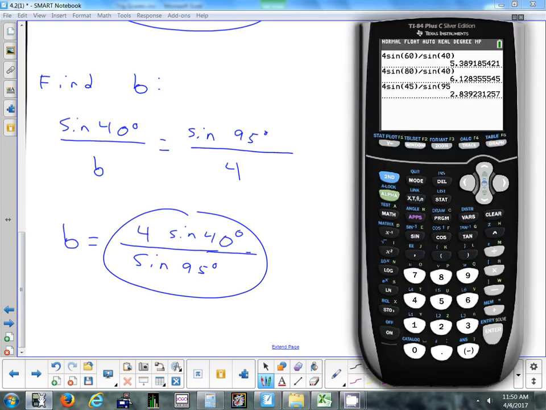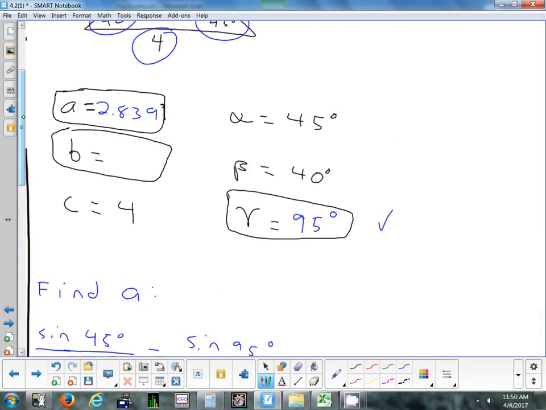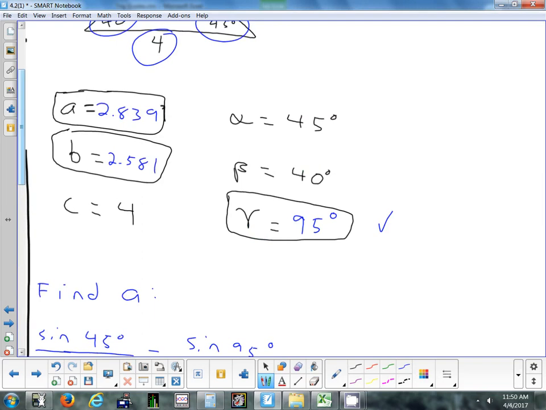Okay, so just type that in, and then that's our answer for B. So I get 2.581, which is a little bit smaller than the number I just found for A, and that's what I expected. Looking quickly, if I add any 2 sides together, they're going to be bigger than the third. Biggest angle, biggest side, smallest angle is with the smallest side. Looks good.